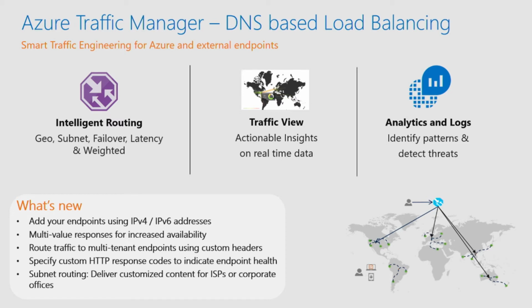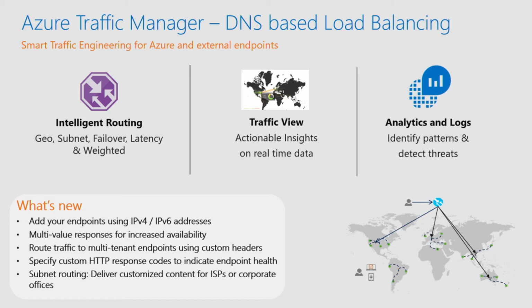You can see it in a visual map, like shown here, where the connections are green, or maybe some are red. So you get an understanding of, oh, I have a lot of users connecting from Australia, and they're all shown as red, so maybe it's time for me to put one more endpoint in Azure Sydney. Things like that. And we also provide the logs and metrics around the usage.